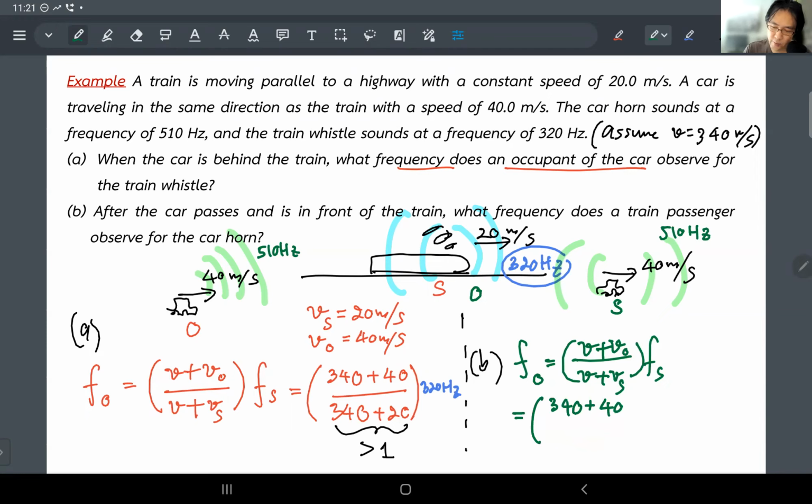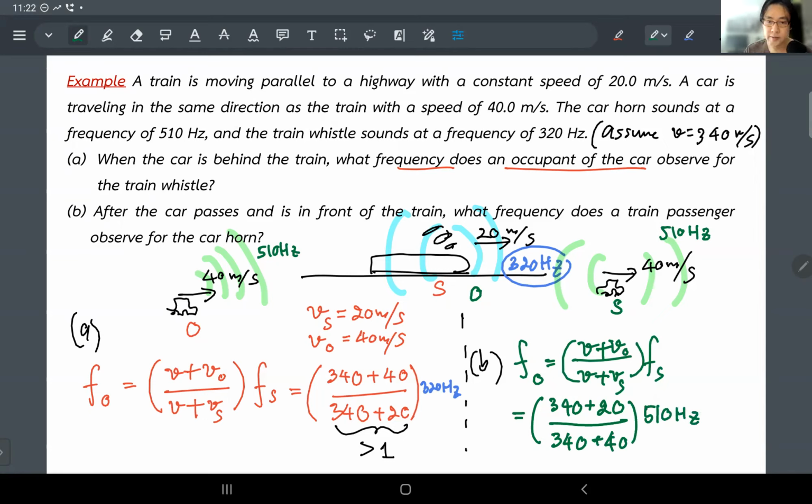Observer is 20. Sorry, guys. Speed of the train. My bad, my bad. And now the source is the speed of the car. There you go. And what about the source frequency here? Of course, it's going to be the horn sound. That is going to be 510 hertz. And that's it. You are done.